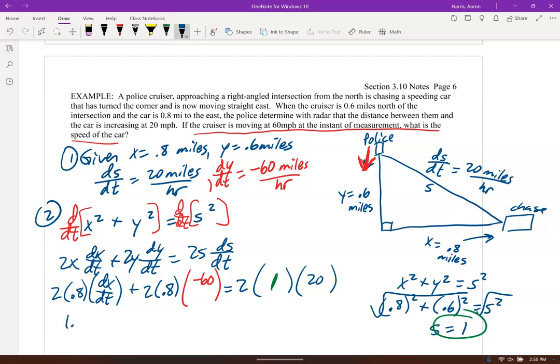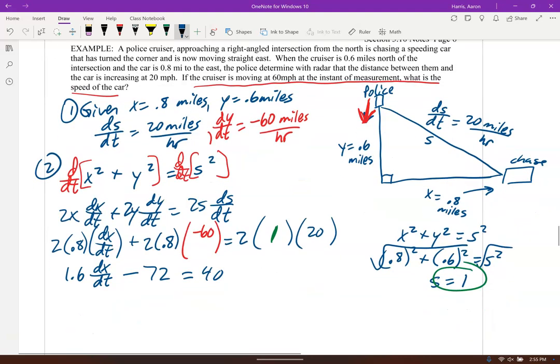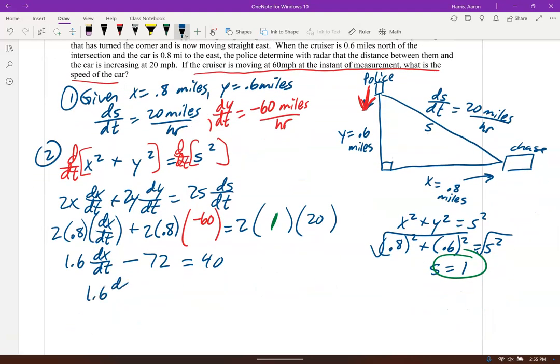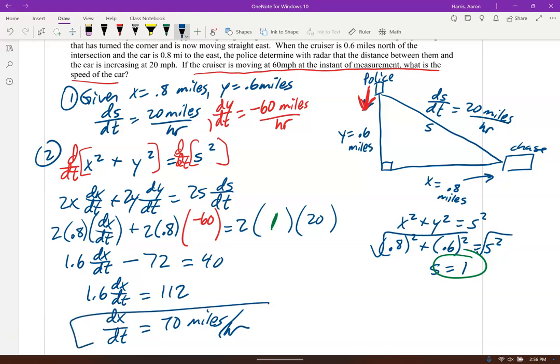But I got 1.6 dx/dt minus 72 equals 40. I add 72 to both sides. I got 112, and then I divide by 1.6, so I got 70 miles per hour. And so that 70 miles per hour, that's how fast that chase car is going.